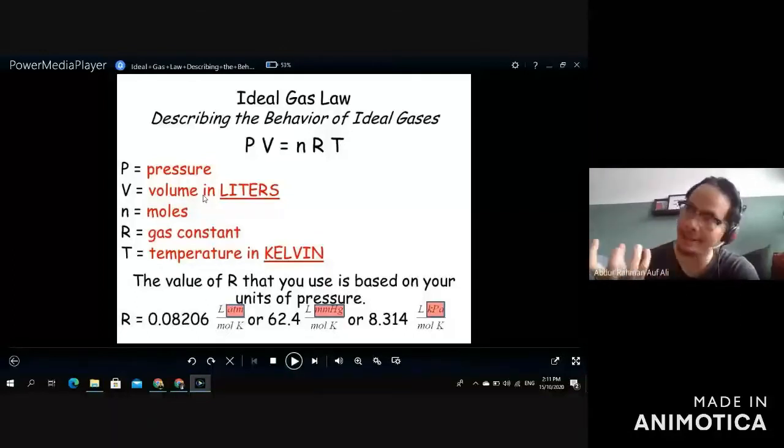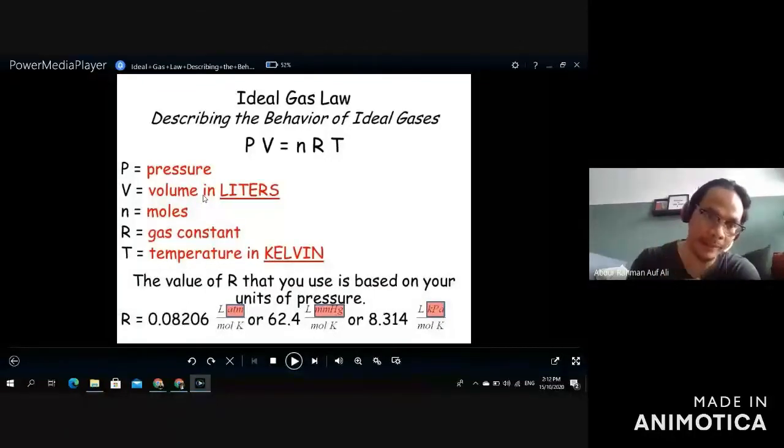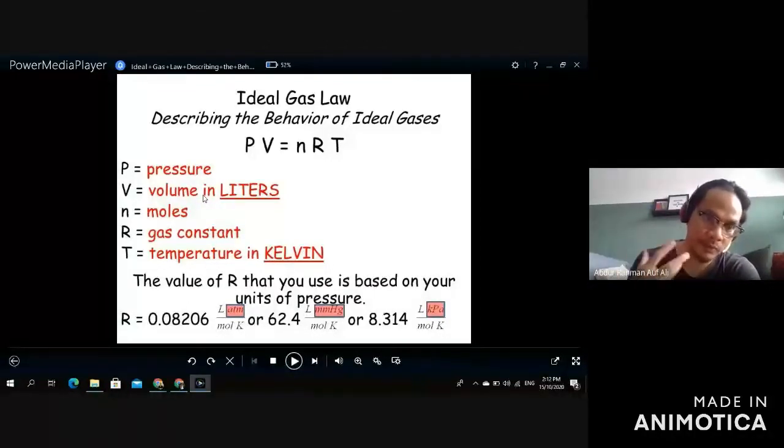Kalau kamu panaskan air dekat dalam dapur, yang berubah hanyalah the temperature of the water. Pressure tak berubah, volume berubah, because some of the liquid akan evaporate jadi water vapor. So hanya dua sahaja yang berubah, temperature and volume. Tetapi pressure tak berubah.